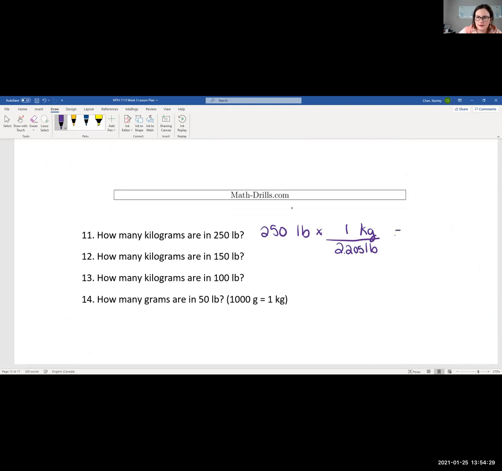So pounds cancels with pounds, and what we're left with is 250 divided by 2.205, which equals 113.38 kilograms. All right, so that's our final answer there.